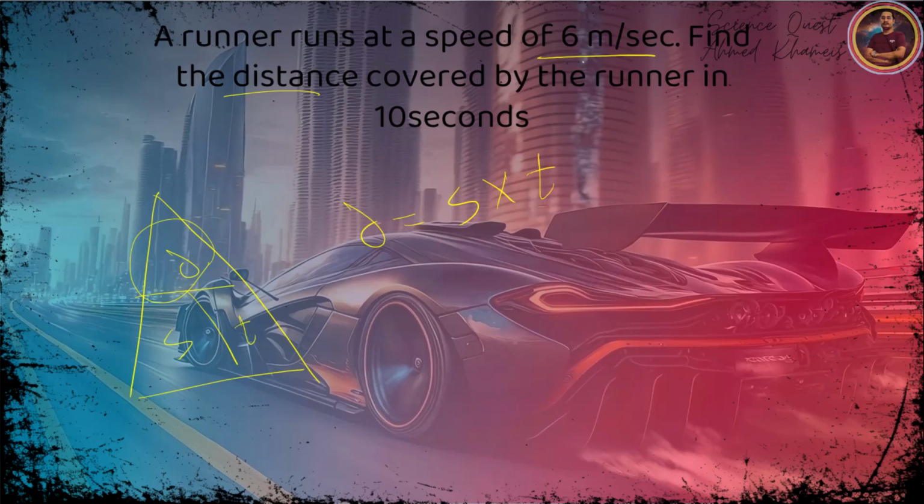The speed is 6 meters per second times 10 seconds equals 60 meters. So why didn't we say 60 kilometers? Because the measuring unit of speed is meters, so the measuring unit of distance must be the same, 60 meters.